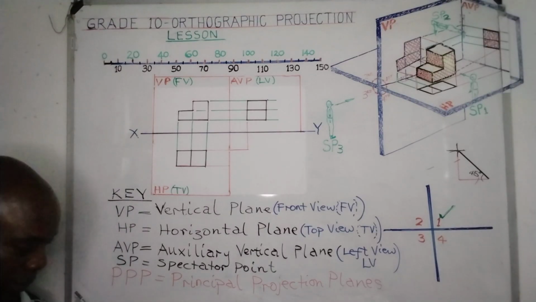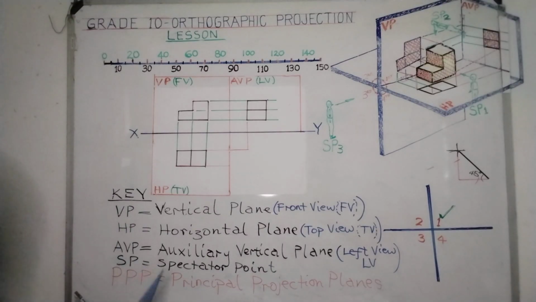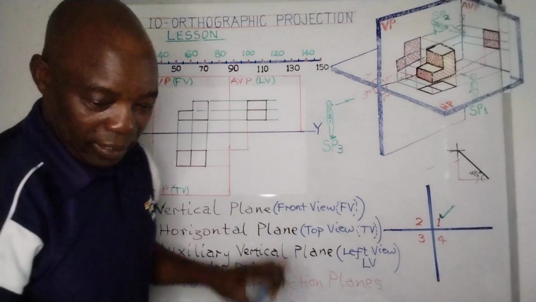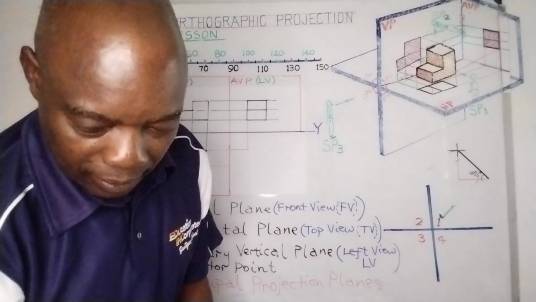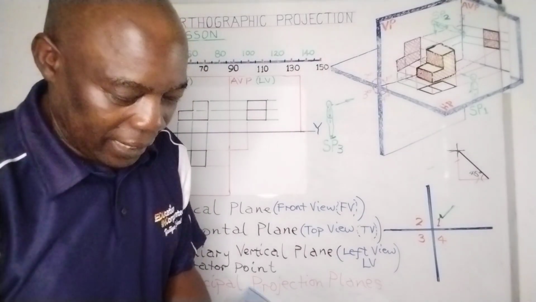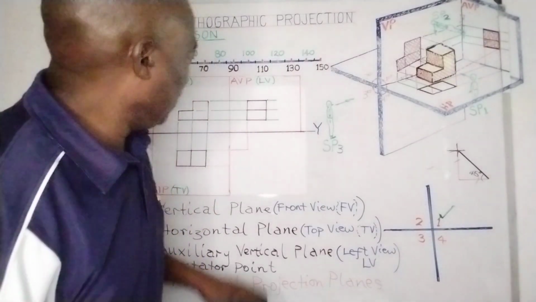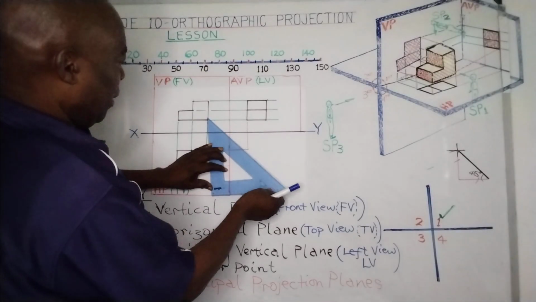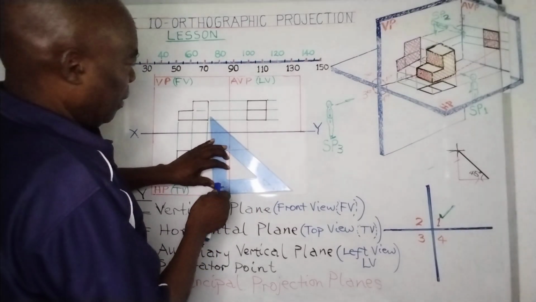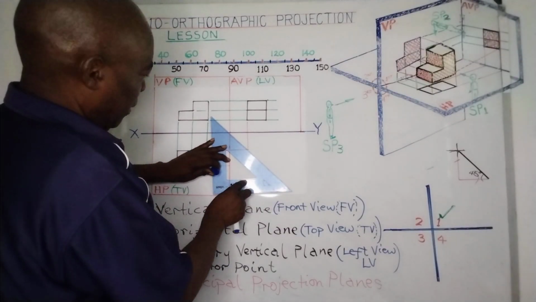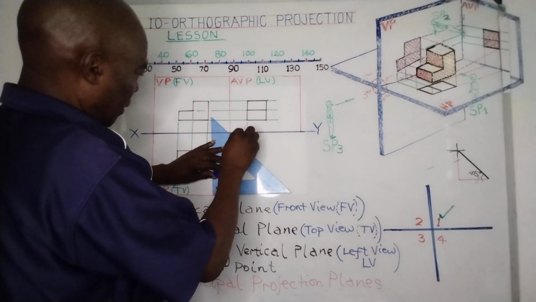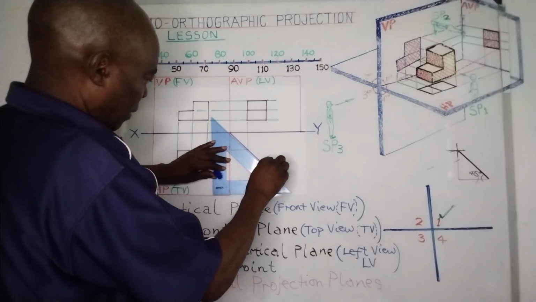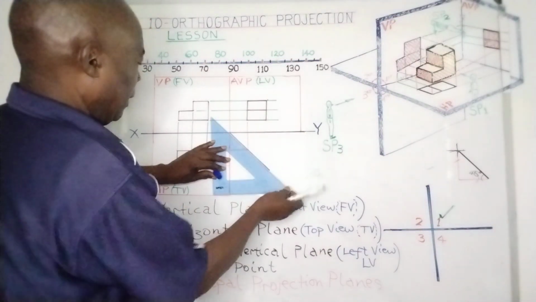The front view has got diamonds. Like that. And then our left view has got the small circles and dots.